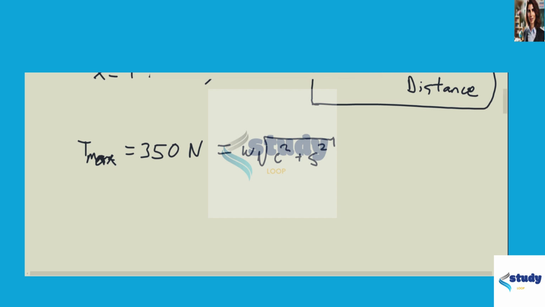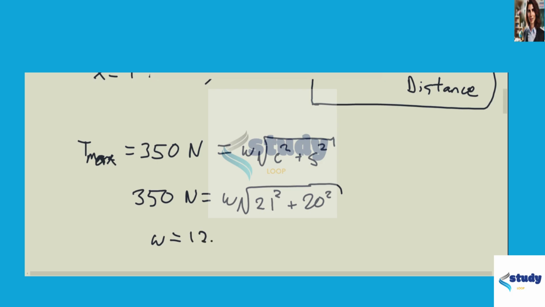So now we need to find what W is. We can plug in our C and our S. We find that 350 newtons is equal to W times the square root of 21 squared plus 20 squared, which shows that W is equal to 12.07 newtons per meter.